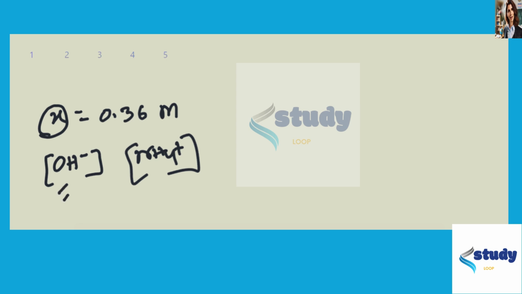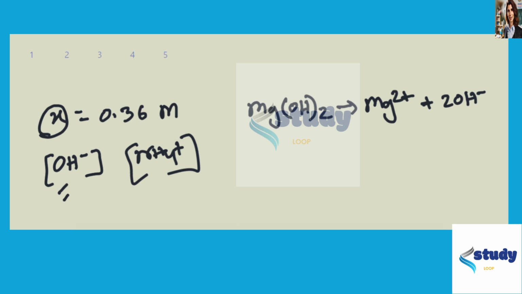From this hydroxide concentration we can get the magnesium hydroxide concentration, since from one magnesium hydroxide we get Mg2+ and 2OH-.